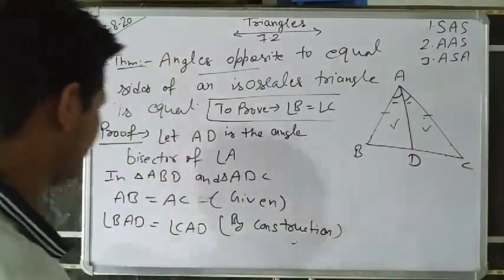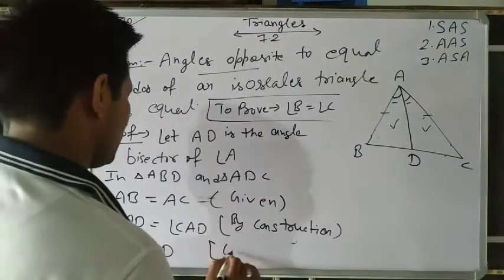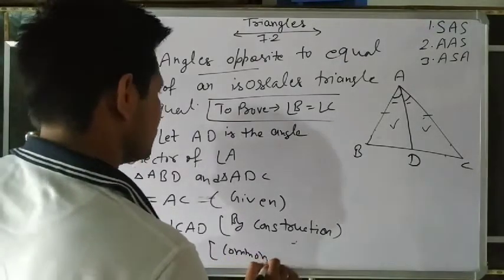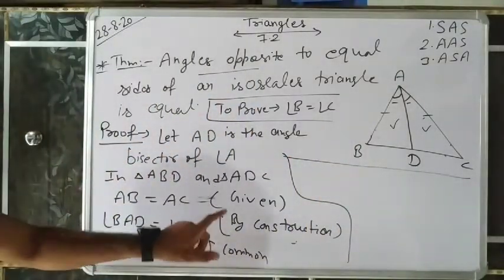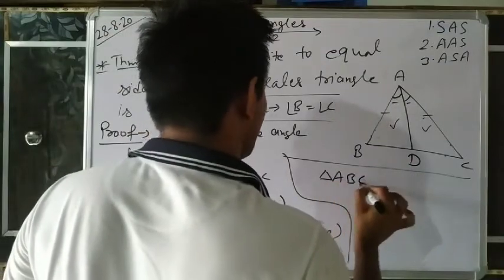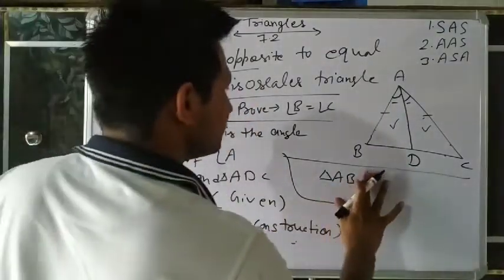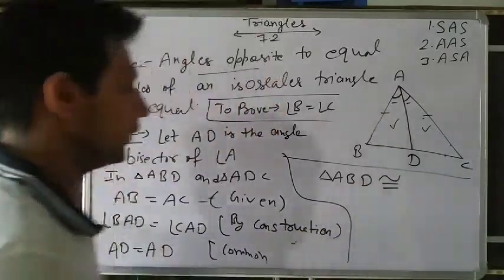Next is side. AD is common in both triangles, so AD equals AD, common. So now you can say by side-angle-side, triangle ABD is congruent to triangle ACD.